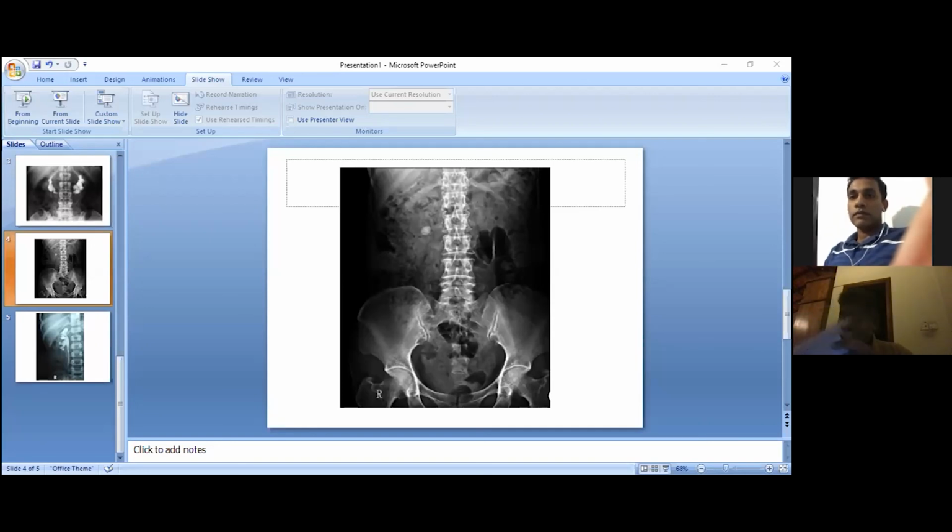Suranga, I think you are okay, but there are small lapses in your knowledge, but it's really okay. So this is a large stone, relatively large for a URS, with a hard stone.